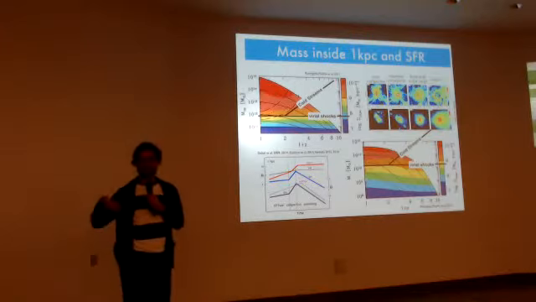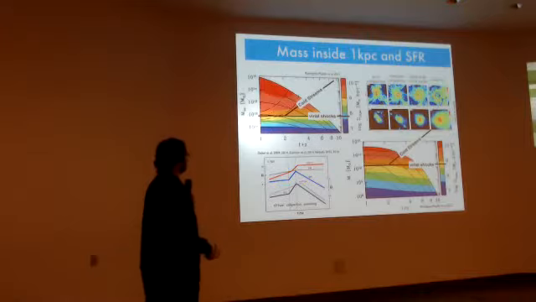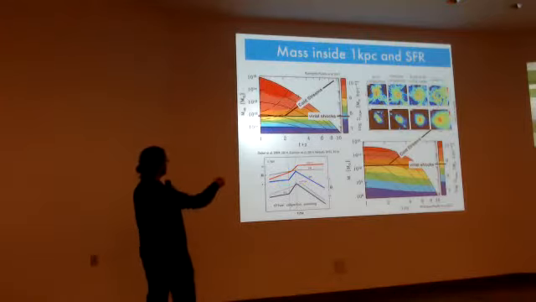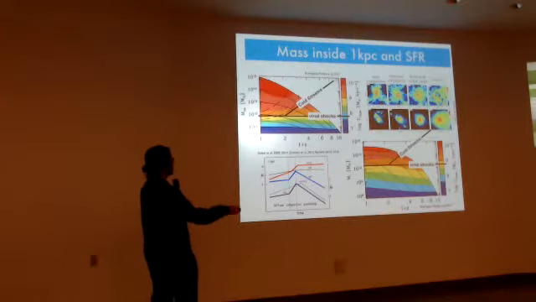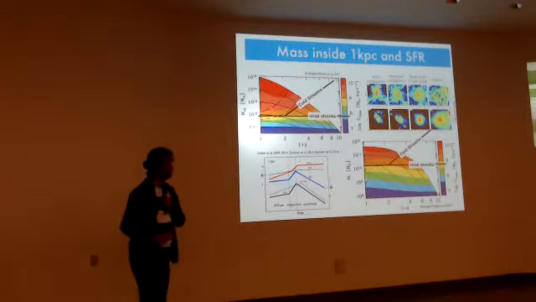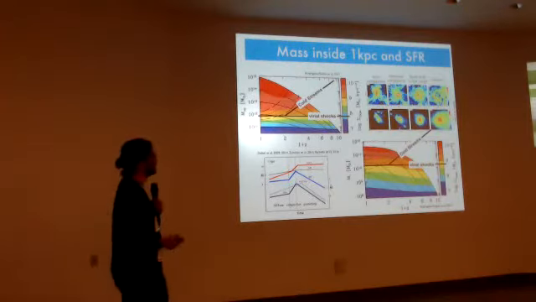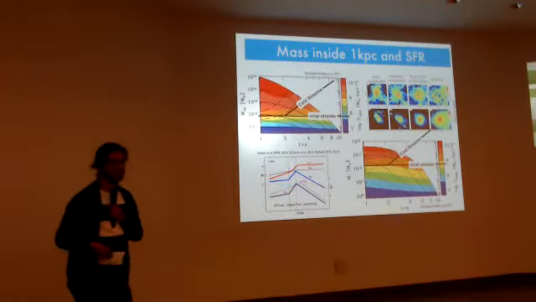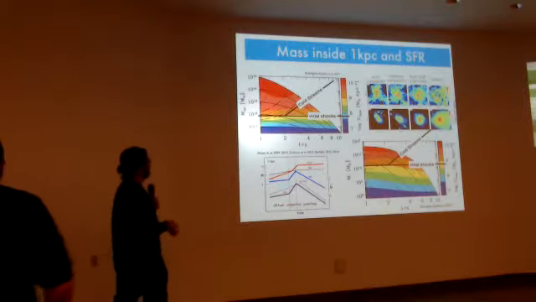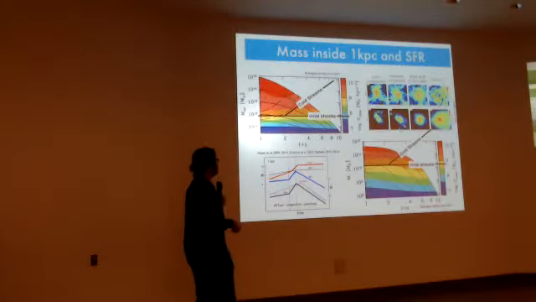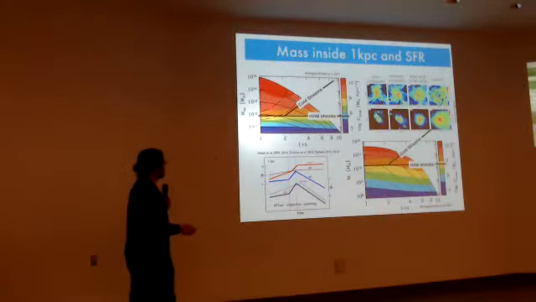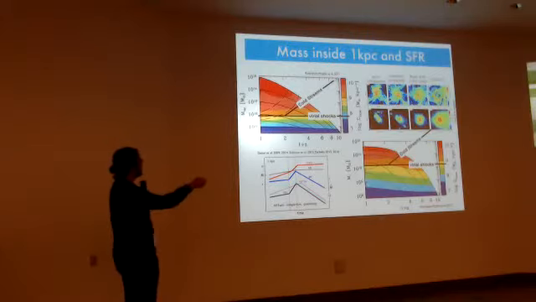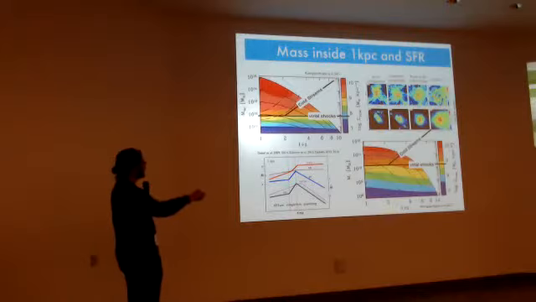So then we can also evolve our galaxies in terms of surface density or sizes. In this case, what I'm showing is the evolution of our dark matter halos, color coded with the sigma 1 that people have been discussing during this meeting, which is the mass inside of 1 kiloparsec divided by 1 kiloparsec squared.